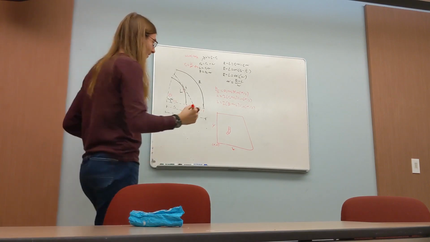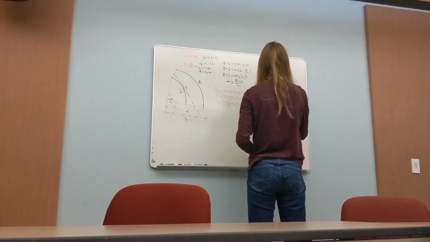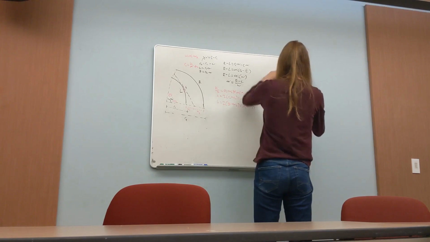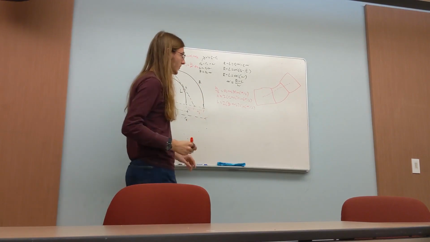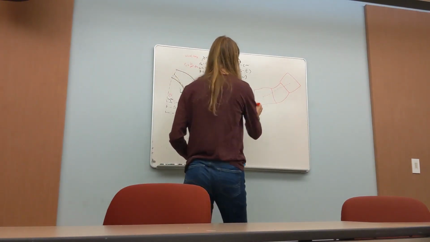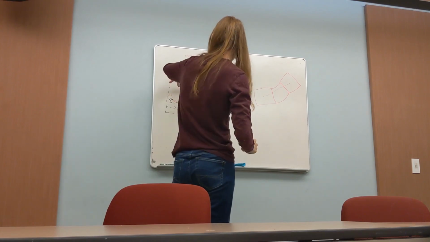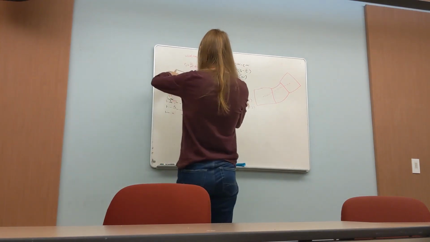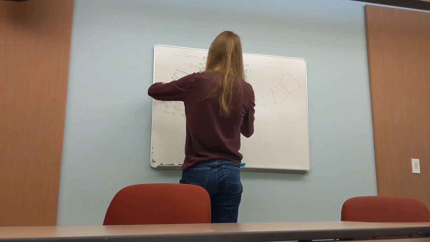So let's do that. So we have where the robot started, we have an arc, where the robot ended. So we know that, and then we know, what do we know? So we have H. So that's the robot starting.